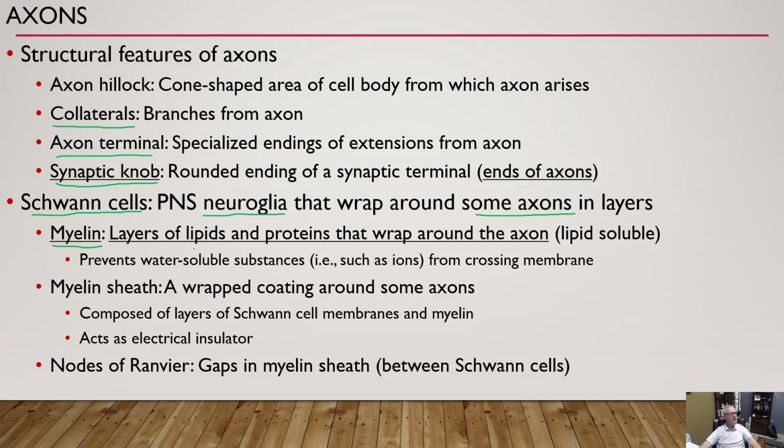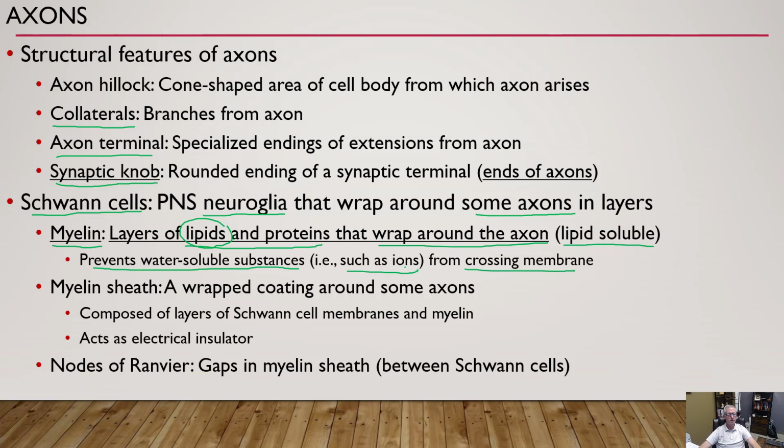And myelin basically is just a bunch of layers of lipids and proteins, so fats and proteins that wrap around the axon. And because it's fat-based lipids, it's going to be lipid soluble. So because it's lipid soluble, it prevents water-soluble substances, such as ions, from crossing that membrane.